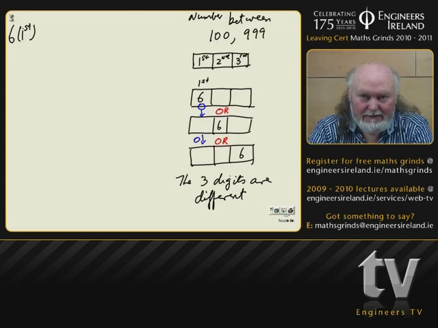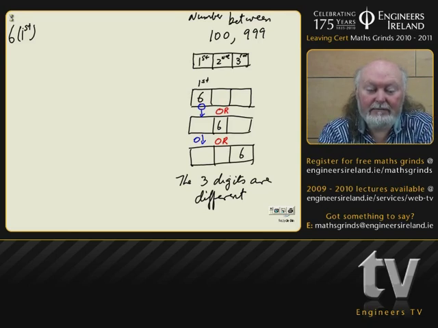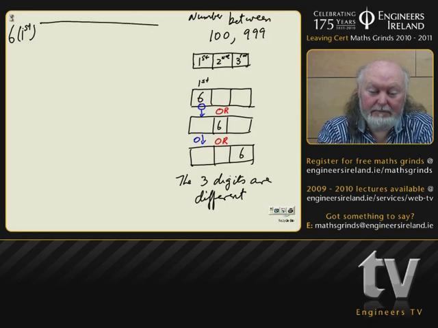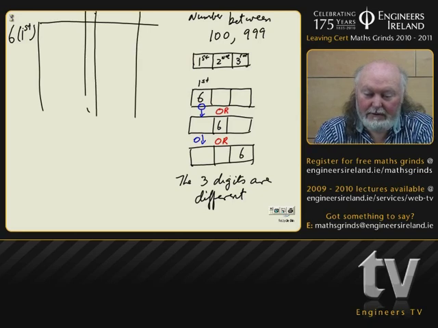You only can get 6 by pulling the 6. There's only one possibility. So let's look at this. We can set up a little table for ourselves. And we look at what are the controlling commands going to be in between.